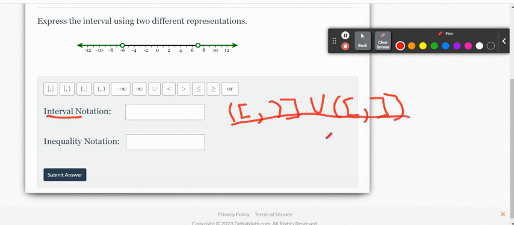Now, what we want to be aware of is that these parentheses or brackets have meaning. Parentheses are open dots. Brackets are closed dots. They then further correlate to these less than or equal to or less than symbols.